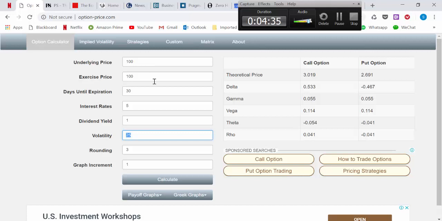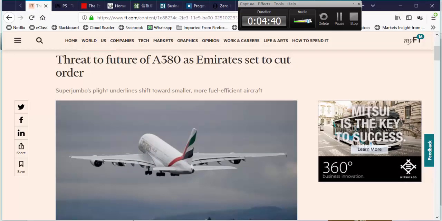But before we do that, I thought I would share a couple of pieces of news for you. This one is not actually related to trading, but I just thought it's interesting to share with you. Do you guys know about the A380? That's huge. Has anyone ever been on an A380 aircraft?